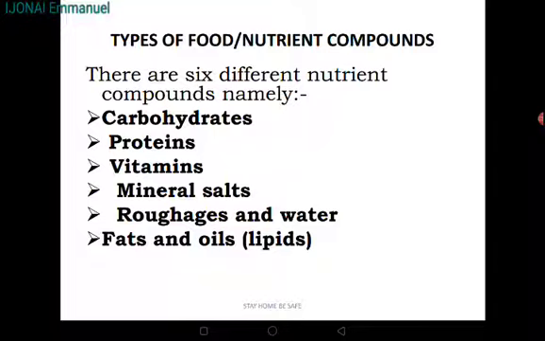Remember, the fats and oils are collectively called lipids. Fats are solid at room temperature, and then oils are liquid at room temperature. So we have 6 different nutrient compounds: carbohydrates, proteins, vitamins, mineral salts, roughage and water, and then fats and oils, or lipids.